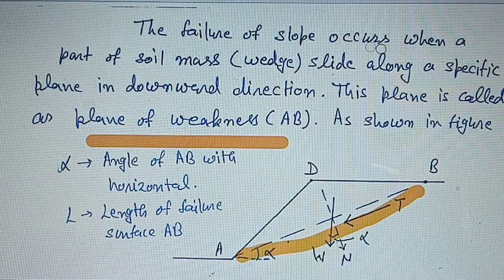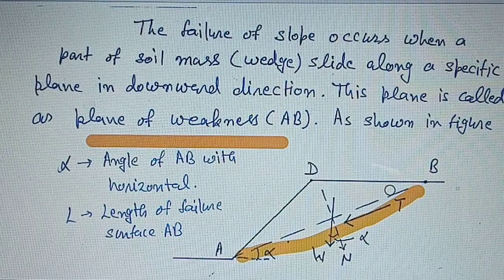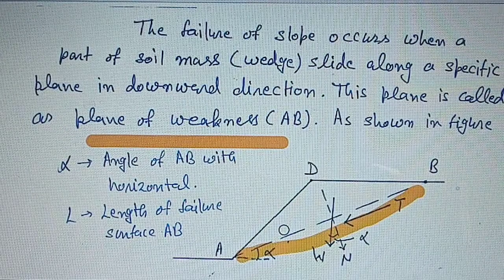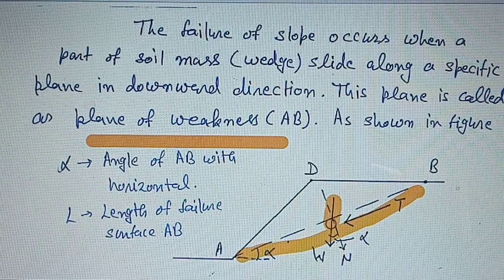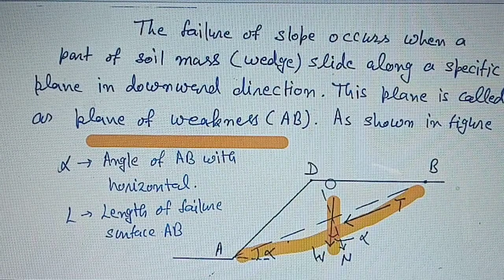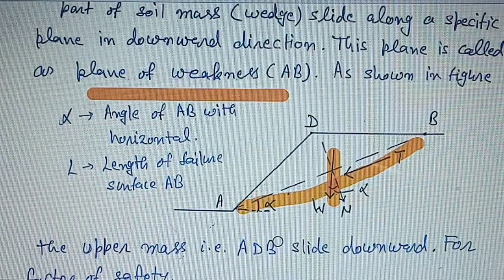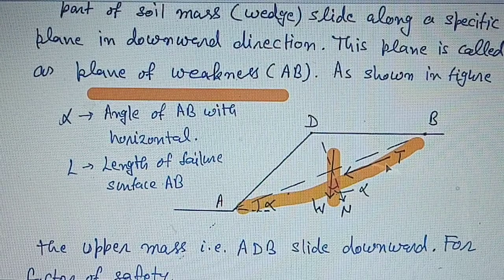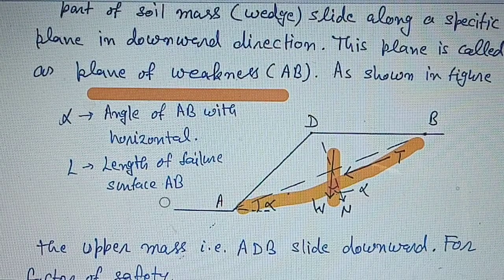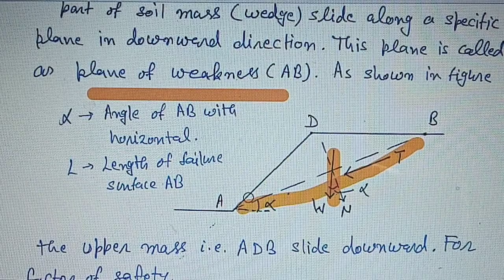And the failure of slope occurs when a part of soil mass or wedge slide along this specific plane. As shown in figure, this W, it is the weight of the sliding mass acting downward. Alpha, it is the angle of slip plane with the horizontal. L, it is the length of failure surface AB, that is this one.